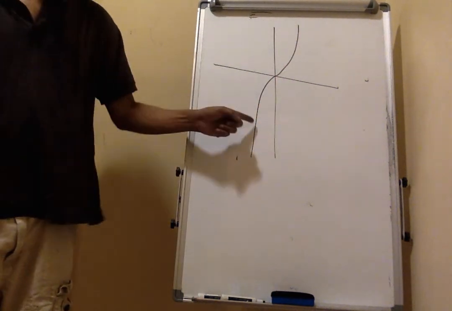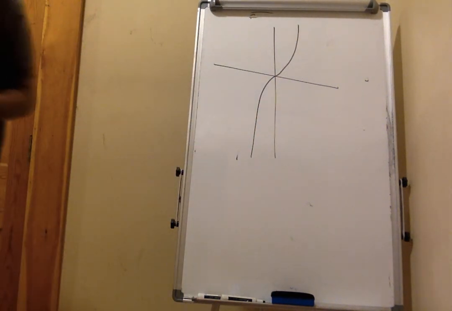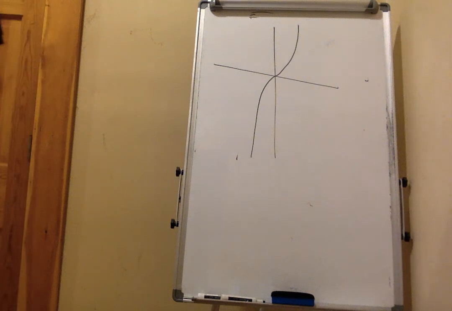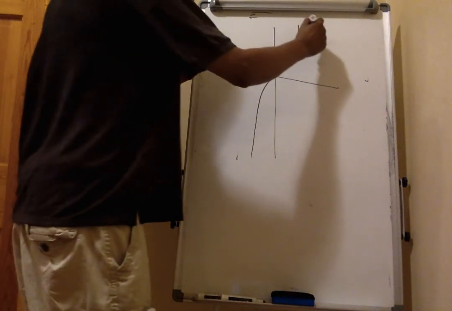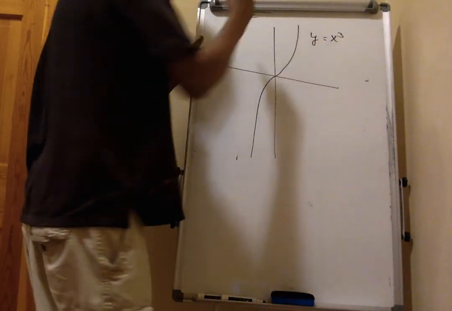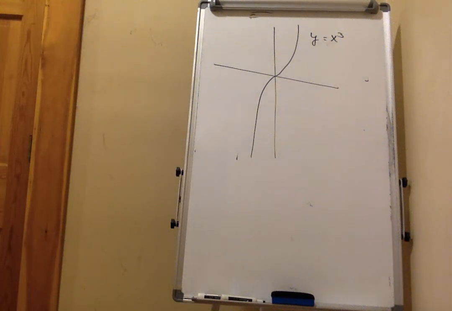In quadrant 1 and quadrant 3, that tells us that it is symmetric with respect to the origin. Y is equal to x cubed.